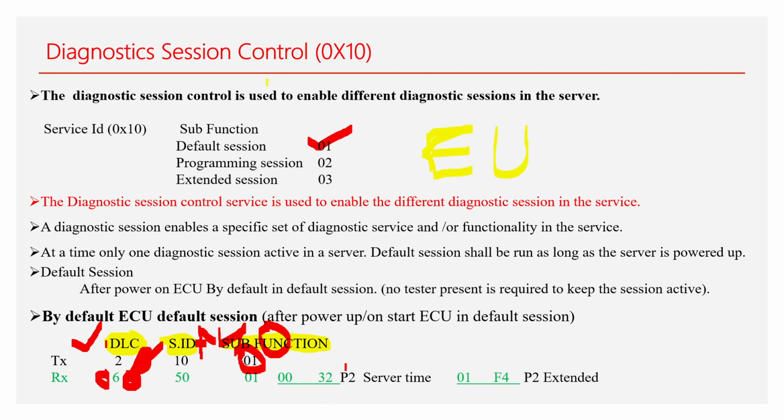It is nothing but P2 time. I will tell you what is P2 time, what is P2 start time. This is P2 start time. So this is 01 F4. This is the positive response for the default session.